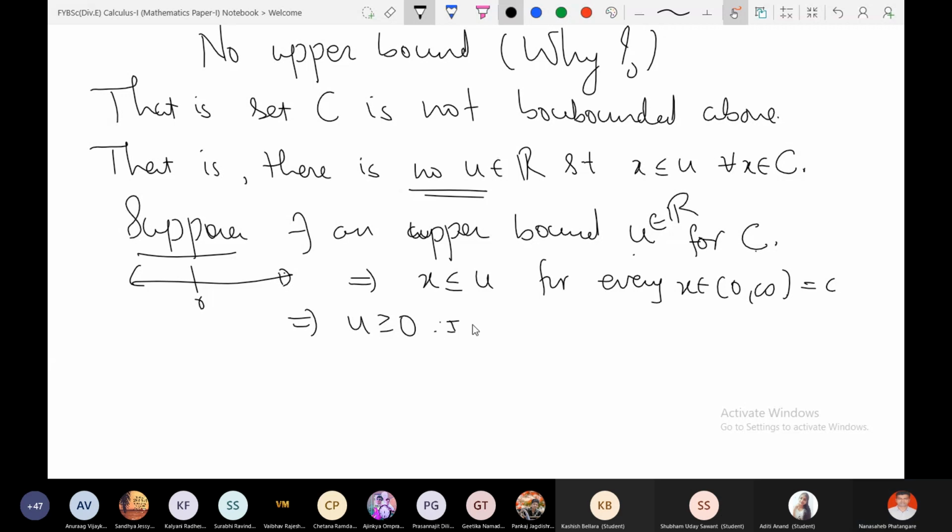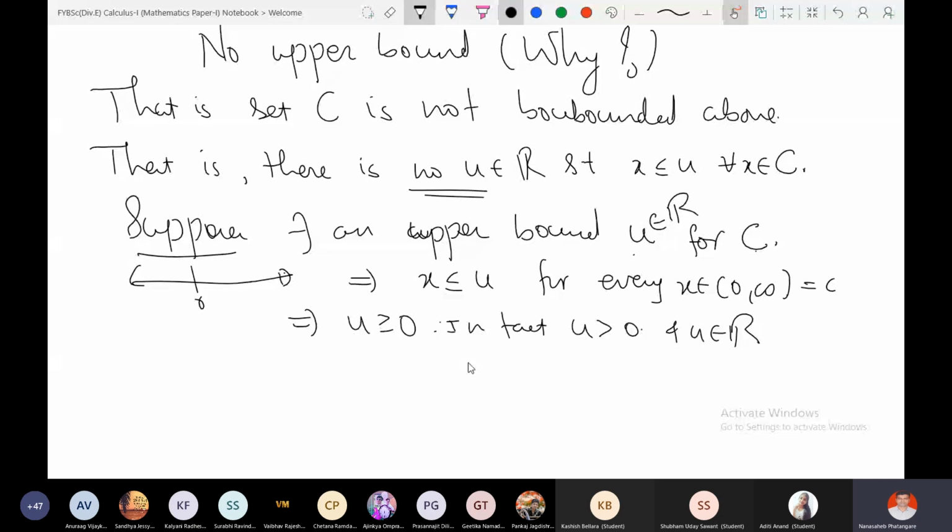In fact, u is strictly greater than 0, and u is a real number, therefore u is a member of C.